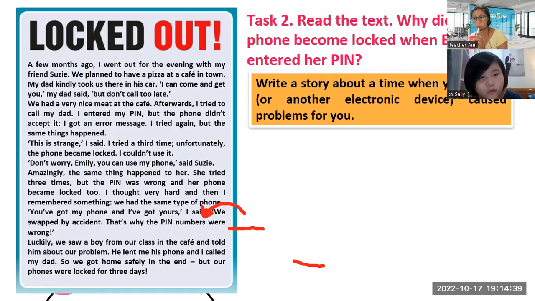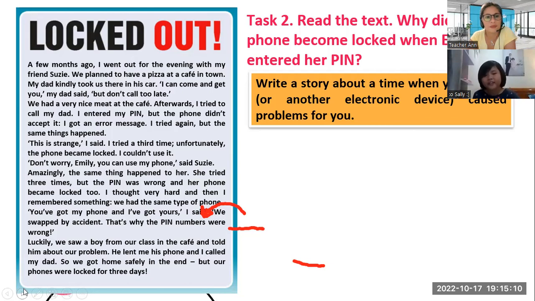A few months ago, I went out for the evening with my friend Susie. We planned to have a pizza at a cafe in town. My dad kindly took us there in his car. I can come and get you, my dad said, but don't call too late. We had a very nice meal at the cafe.